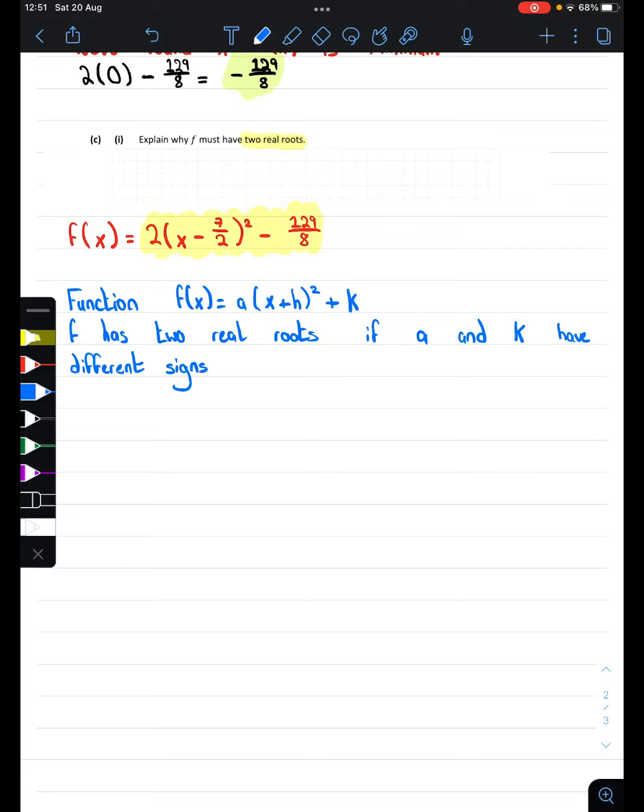Okay, why is that? Well, actually, let's just finish this off. So a equals 2 and k equals minus 129 over 8.